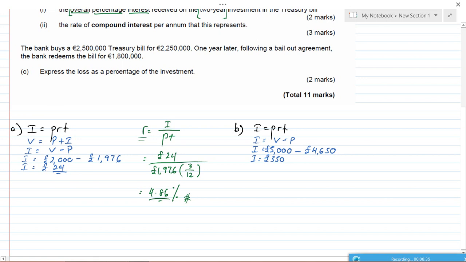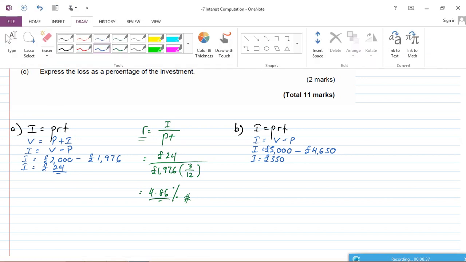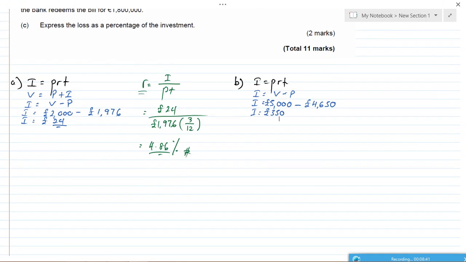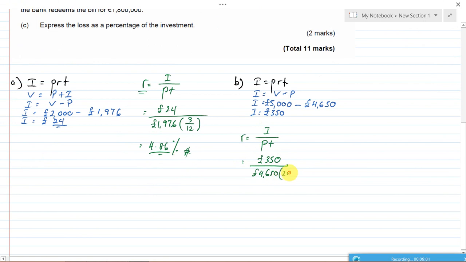So that's your I. Then they want the R, same thing. Put it in the formula, I over PT: 350 divided by 4650, but it's going to be 2 years.